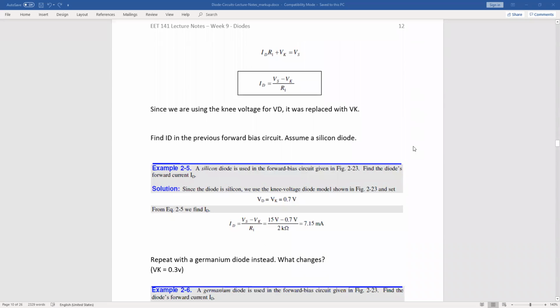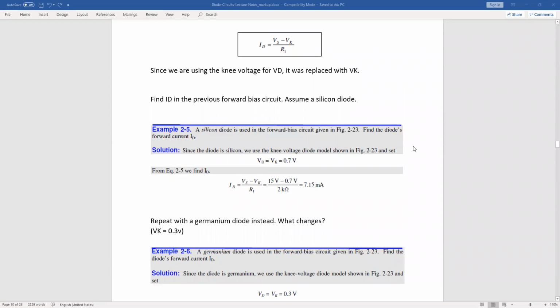So that's our formula. If we wanted to do an example, let's say we had a silicon diode. So a silicon diode means that we have a knee voltage that is about 0.7 volts, and that's what we see right here. And we want to find the diode's forward current ID. So it's forward biased. We know that this is going to be our formula that we want to use.